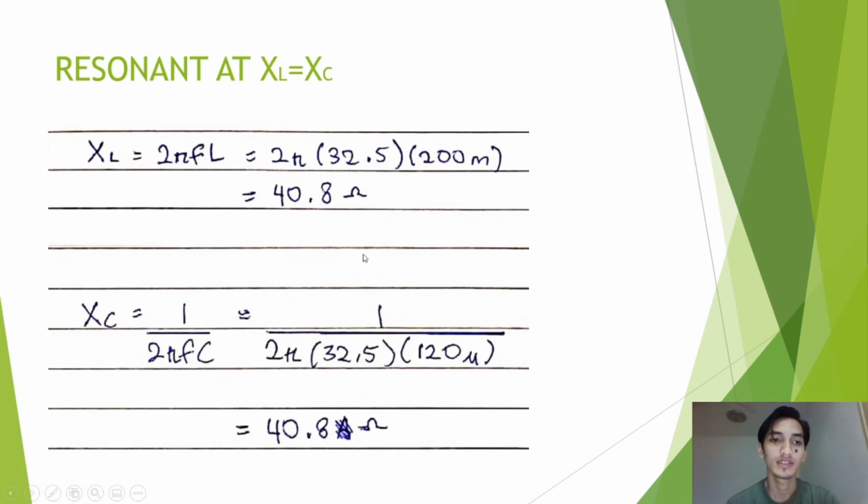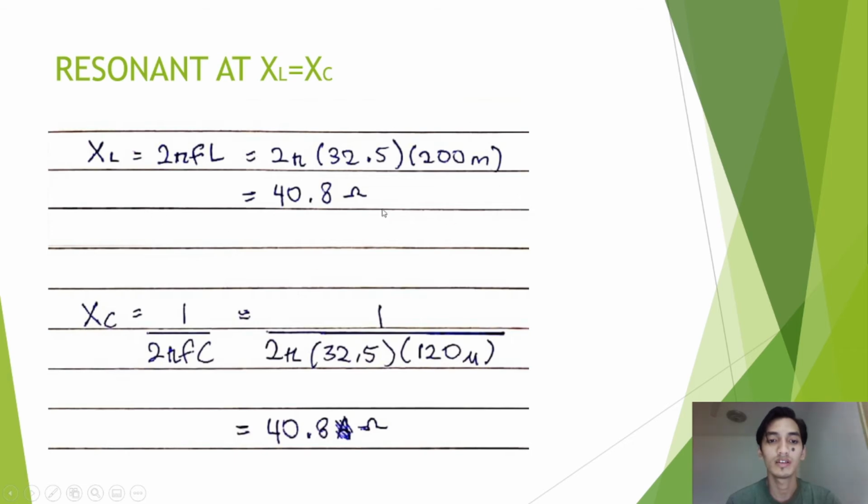Next, as you know, resonance will occur when XL equals XC. As you can see here, the formula for XL is 2 pi fL, 2 pi times frequency times inductance.